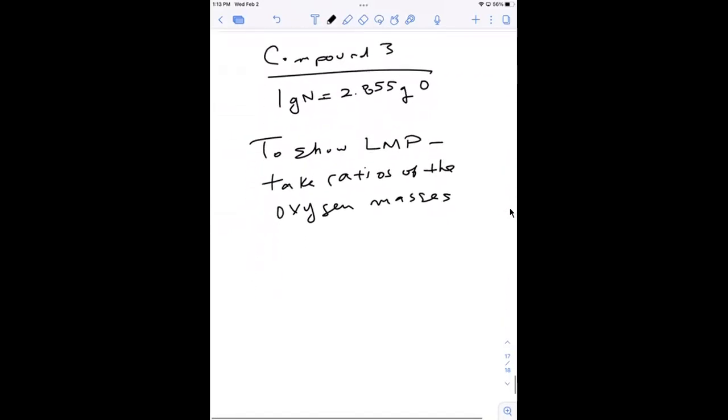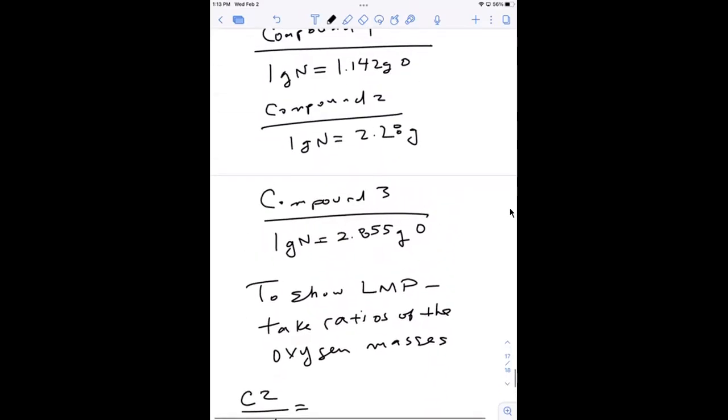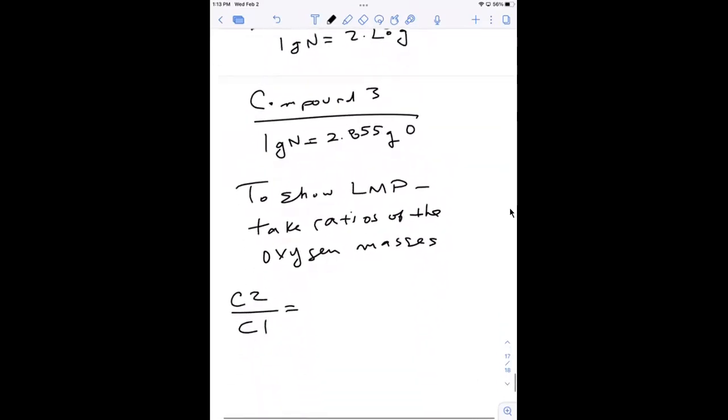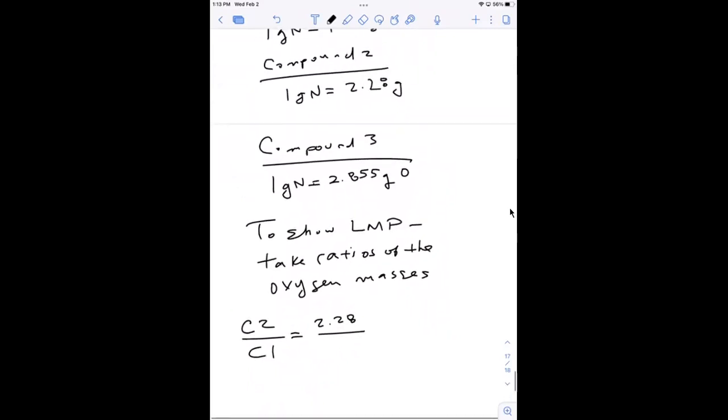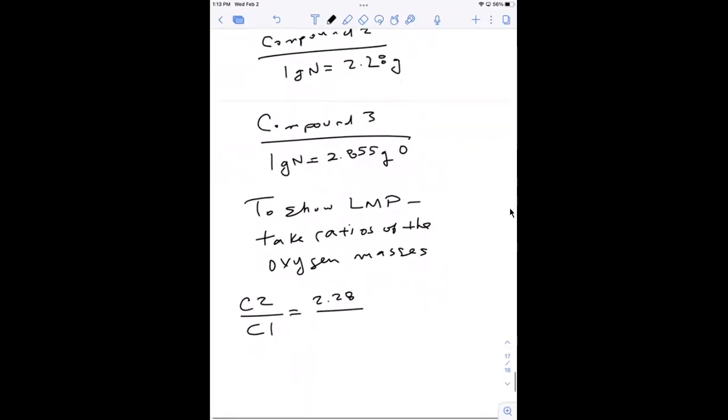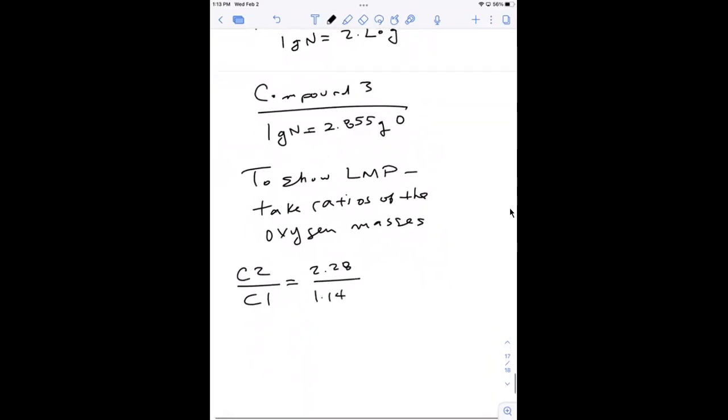So let's do that. Right, so for these oxygen masses, let's take compound 2 and compound 1 and compare them. So in compound 2, the mass of oxygen is 2.28, and then compound 1, it is 1.142. All right, somebody help me out with that calculation. What do you get?